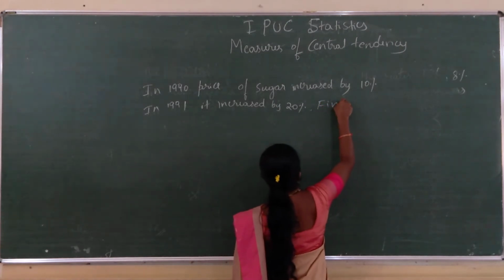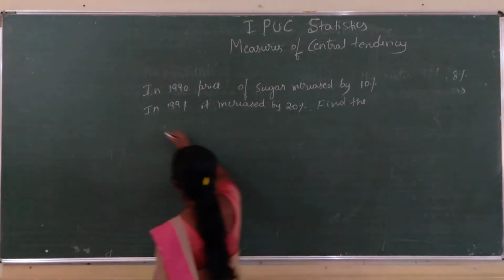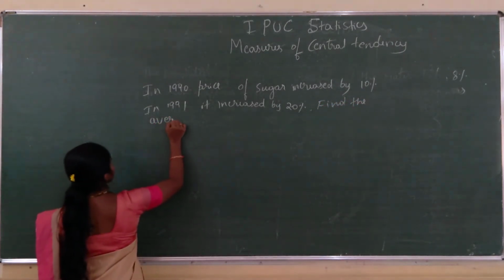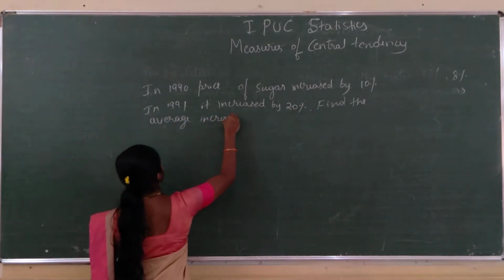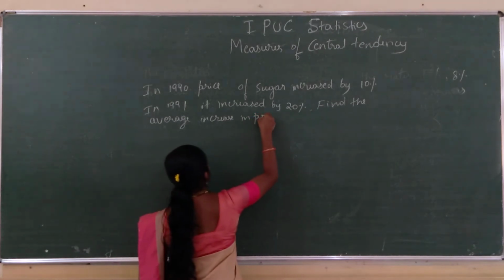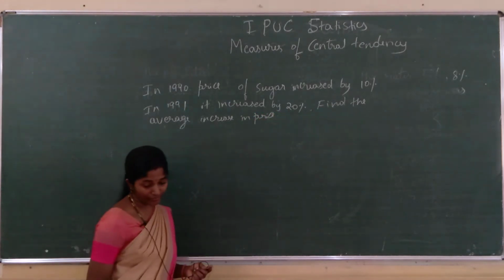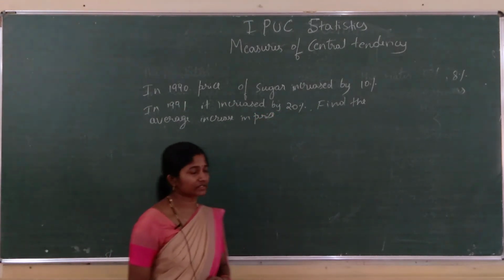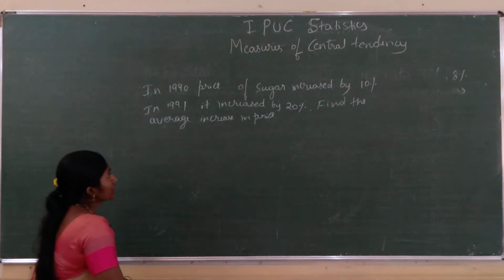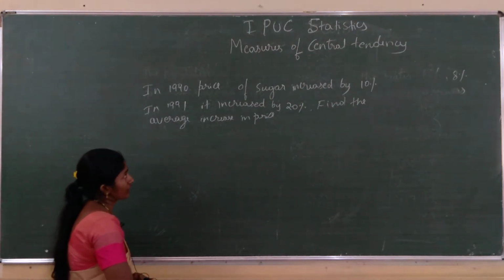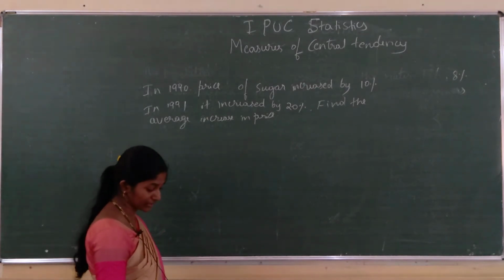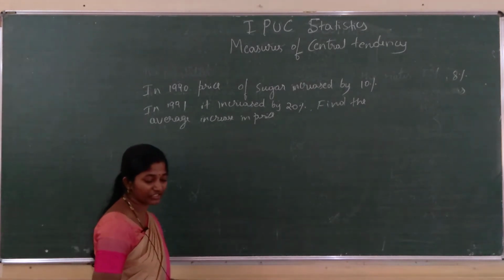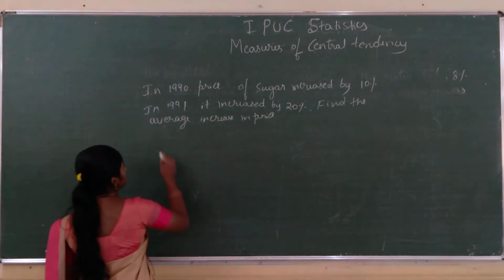Find the average increase in price. So only two values are given. Observe that both are given as increased. Therefore, percentage rise in price of sugar.